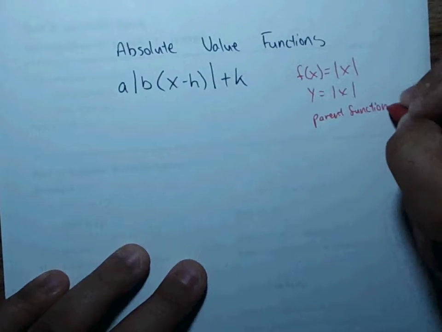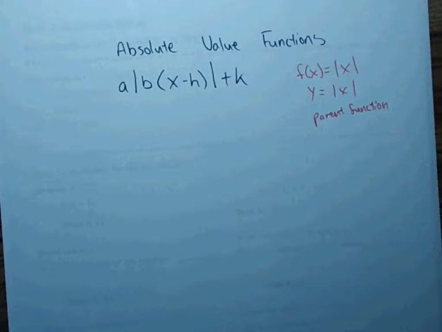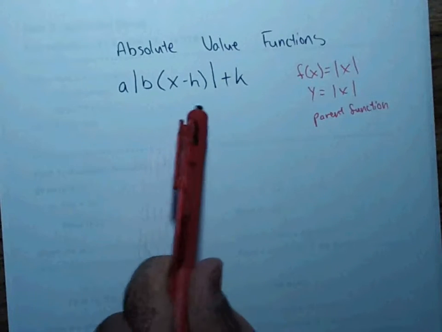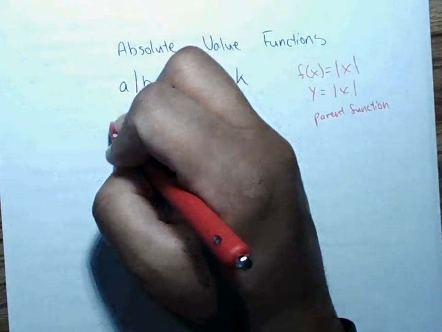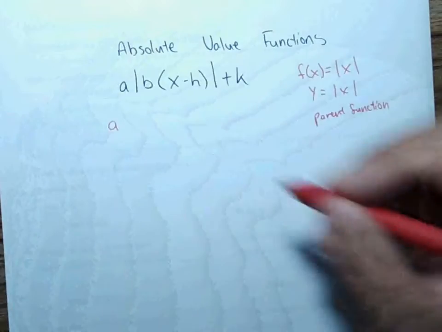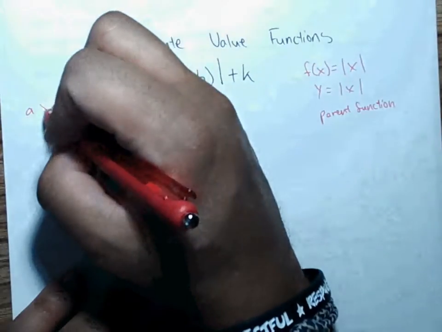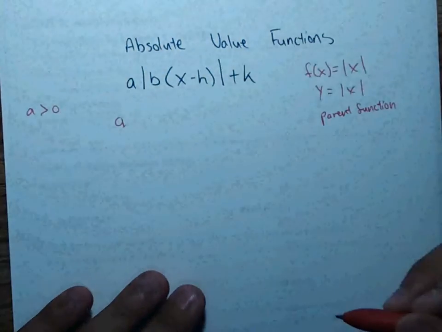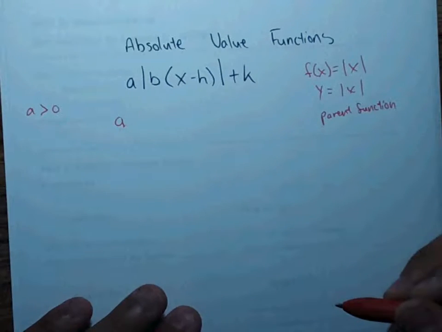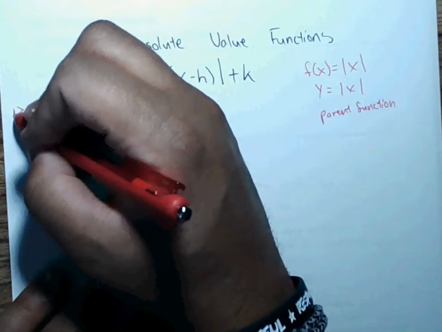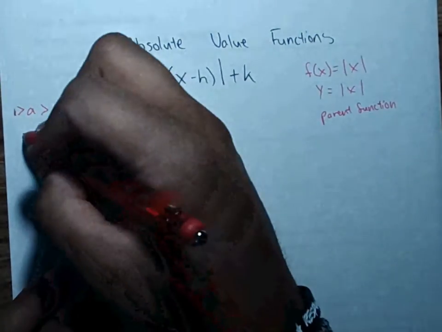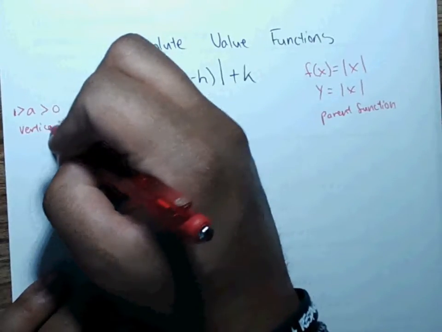So anytime we make any changes to the parent function, it will be as a result of changing any of these variables, and it'll produce a different graph, a different shape. It'll behave differently. So if we look first at a, if it's greater than 0, and it is less than 1, then it is going to be a vertical compression.